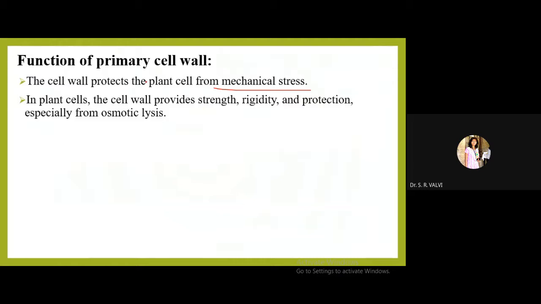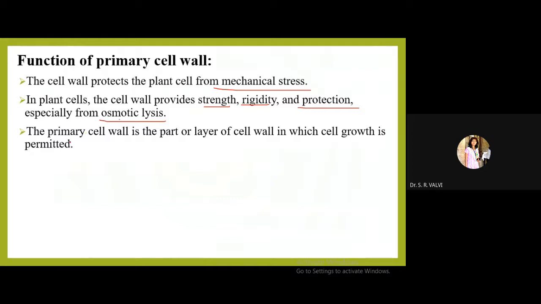Now next, it provides strength, rigidity and protection, especially from osmotic lysis. So we have seen osmosis previously, right? So from that phenomenon also, this primary cell wall is going to protect the cell from disruptions.